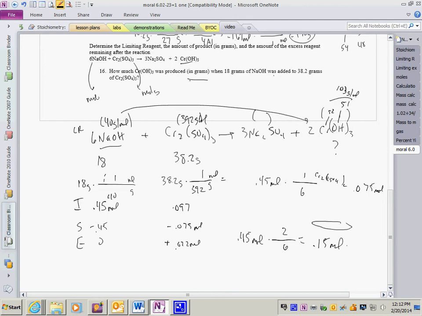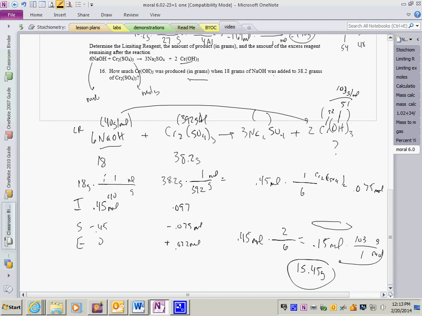Get this out of moles and into grams. 1 mole is 103. 103 times 0.15 equals 15.45 grams, and that is my answer.